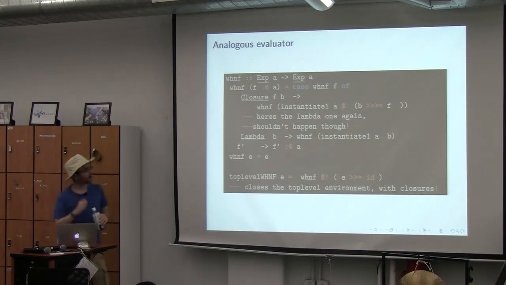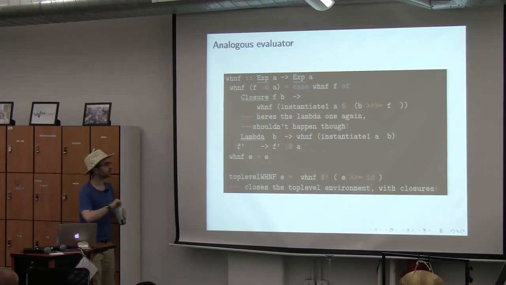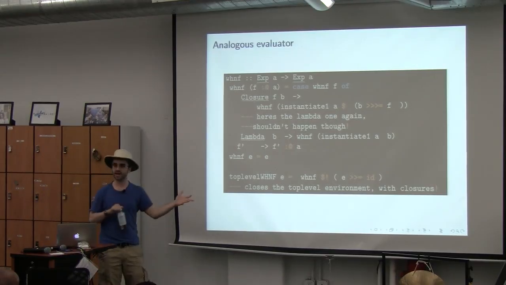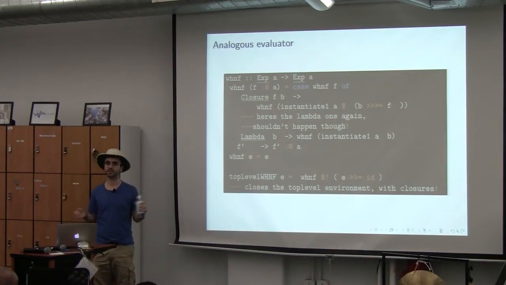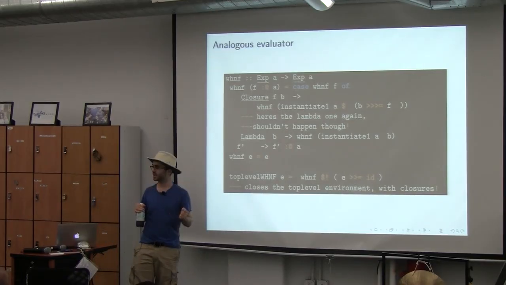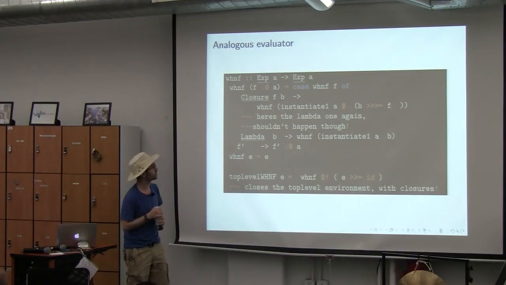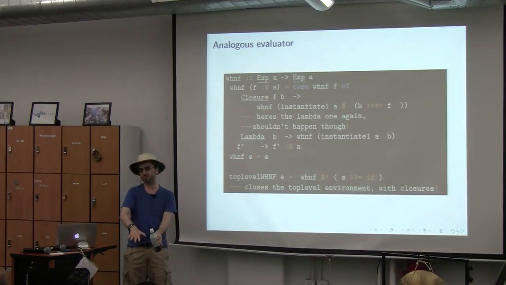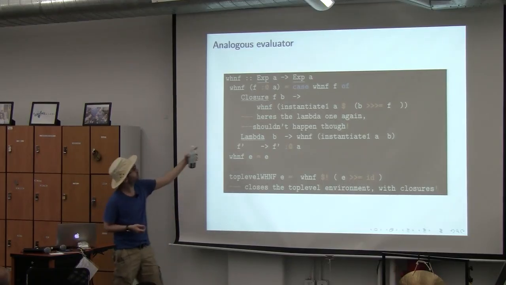So that doesn't type check, but the idea is still there. Do the identity monadic lift on any lambdas you encounter. So any top-level lambdas we encounter will turn into closures, but we won't substitute below until we actually evaluate them.